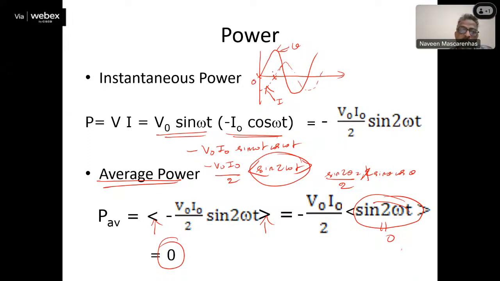If you know that this is 0 degree and this is 90, this is 180, you can draw the graph of P, which is V into I. See, from 0 to 90, voltage is positive, current is negative. That means plus into minus will be minus, right? So for power, it is minus. Then in the 90 to 180 region, both are positive, so you'll get plus. Again, 180 to 270, current is positive, but voltage is negative.